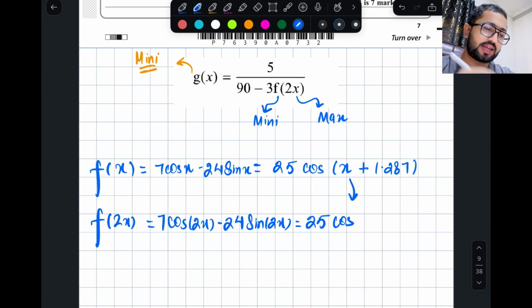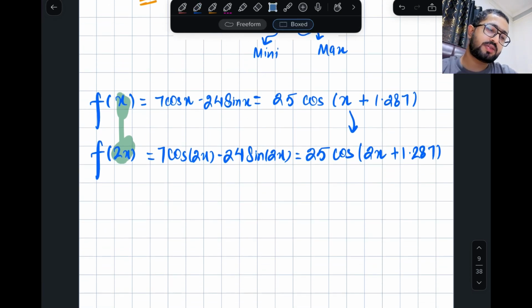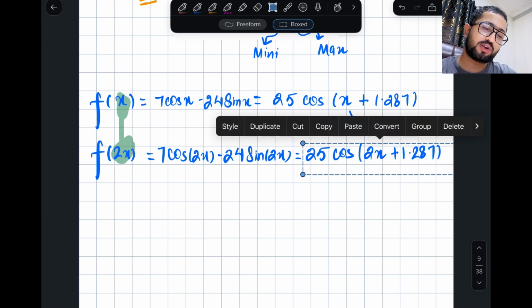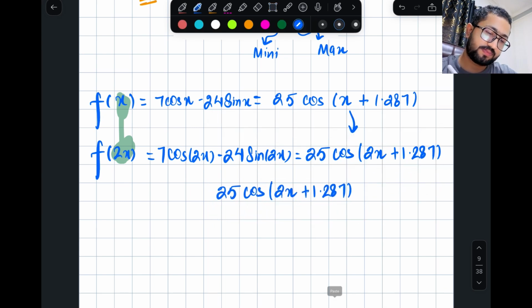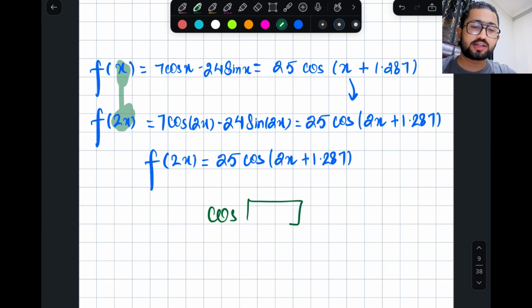I have to just replace x with 2x, bacha. So simply you want to find the minimum or maximum value of f of 2x. Always use the answer of the previous part. Everyone knows the cos of anything will always be between 1 and minus 1.